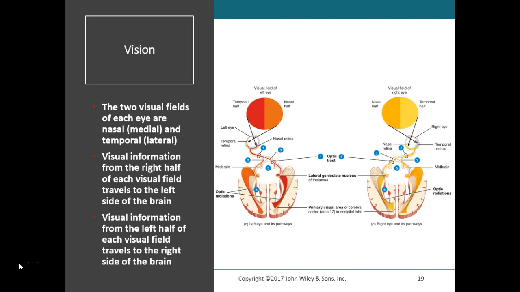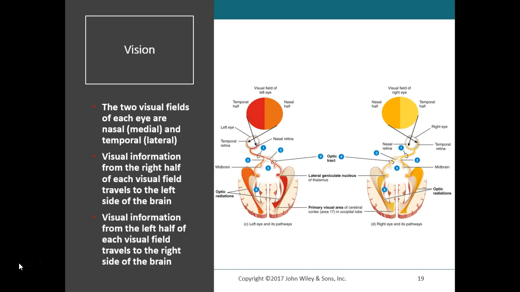Everything that can be seen by one eye is called that eye's field of view, or visual field. Because the eyes are located on the anterior part of our heads, we have a lot of visual field overlap. That's what we call binocular vision, because of that overlap of the field of view of those two eyes.